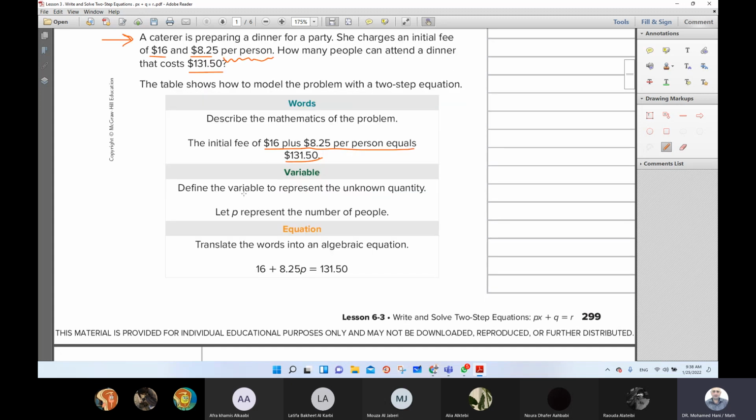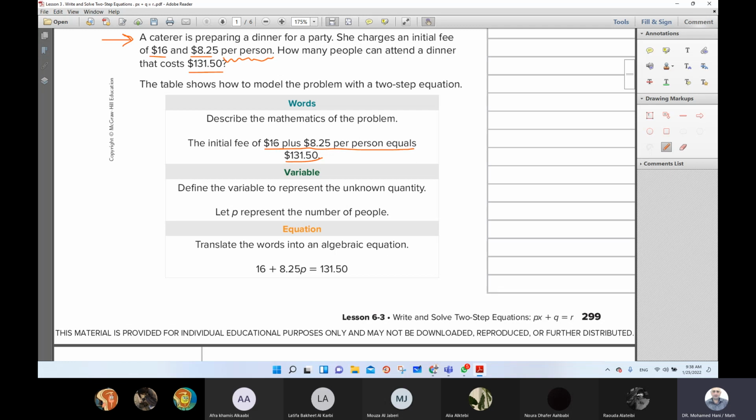Then define the variable to represent the unknown quantity. We can choose any small letter. Let B represent the number of people. Now translate the words into the algebraic equation.